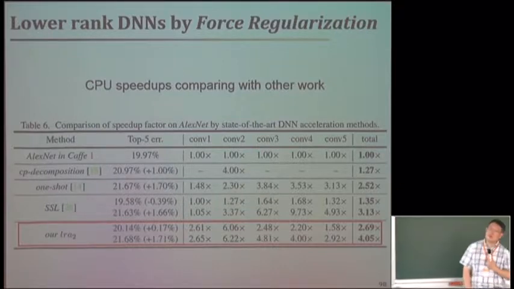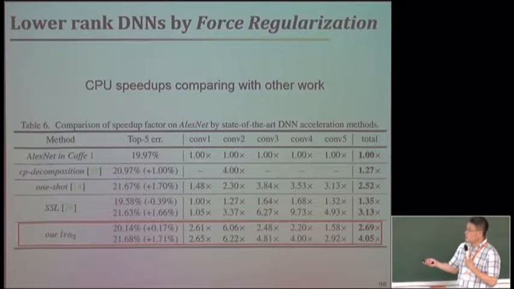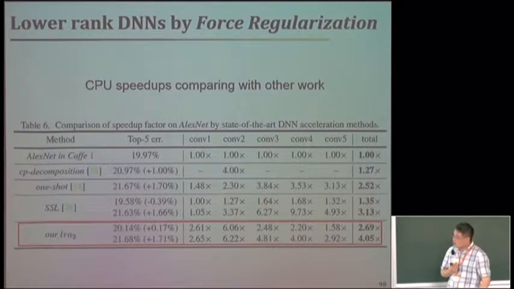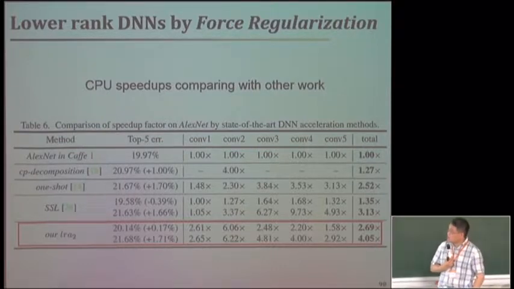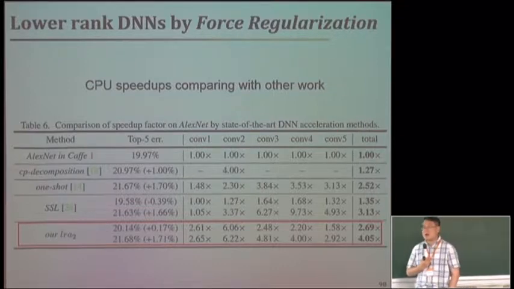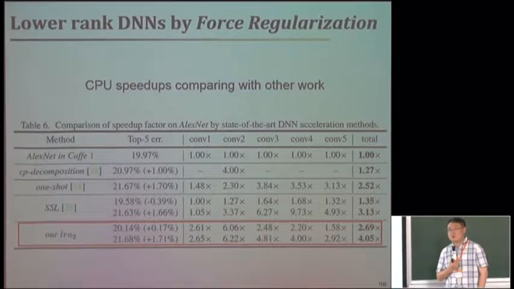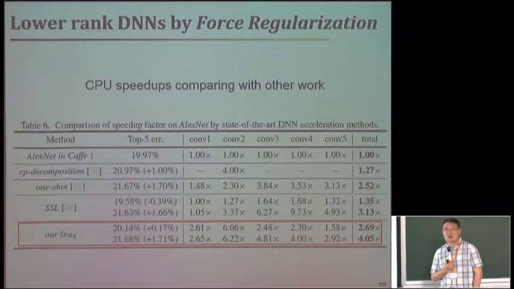Now the next question, if I present here, the next question you will have is how we really combine this low rank DNN with the ISSL, right? Because what ISSL does is trying to remove the weight which generates a small impact on the output.